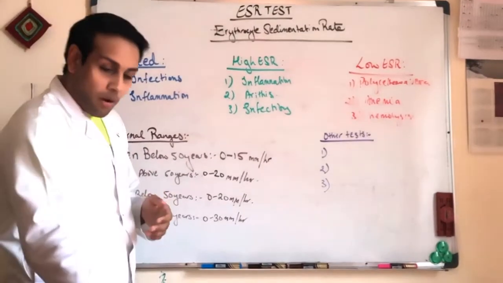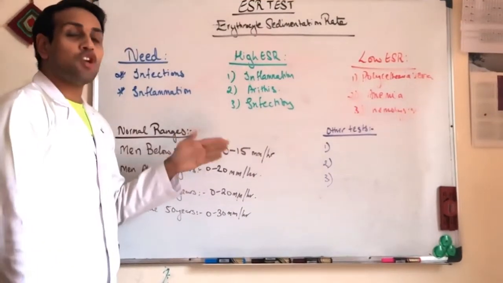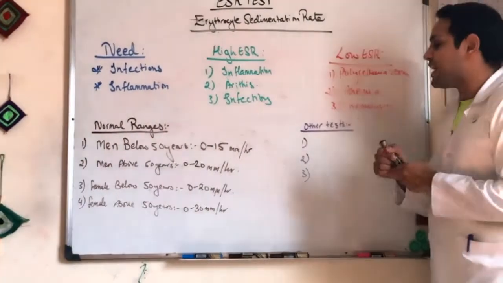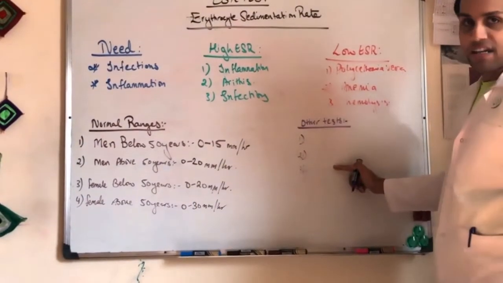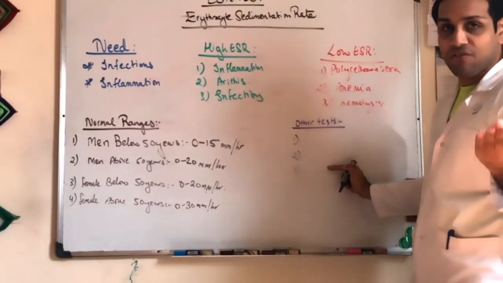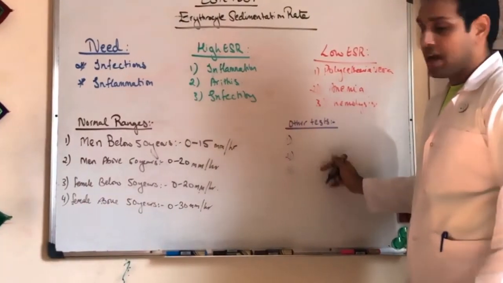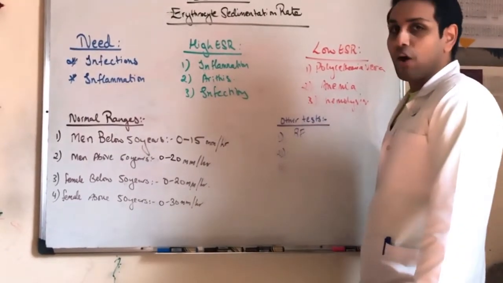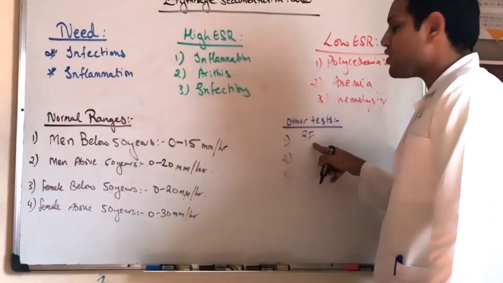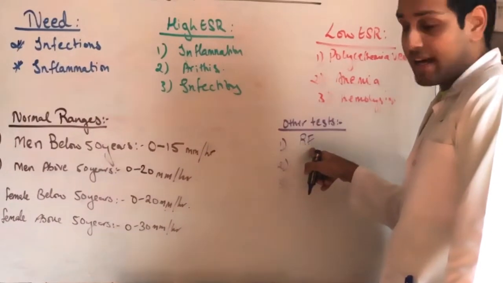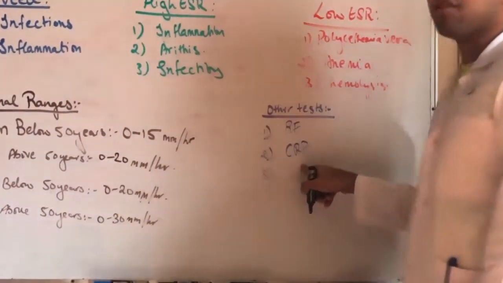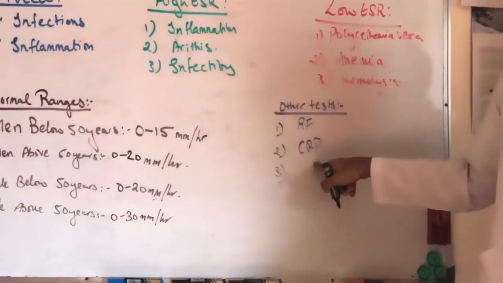Besides the ESR test, as a confirmatory test, we also have three different tests which will help you identify the real cause of the infection or inflammation. Usually we test for the RF factor, which is the rheumatoid factor, just to see if you're suffering from arthritis. Second is the CRP test, C-reactive protein, also for inflammation or infection.